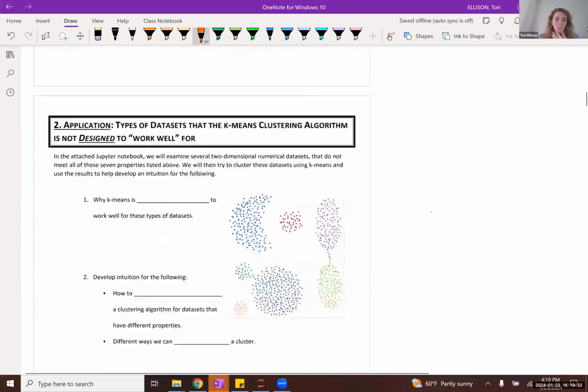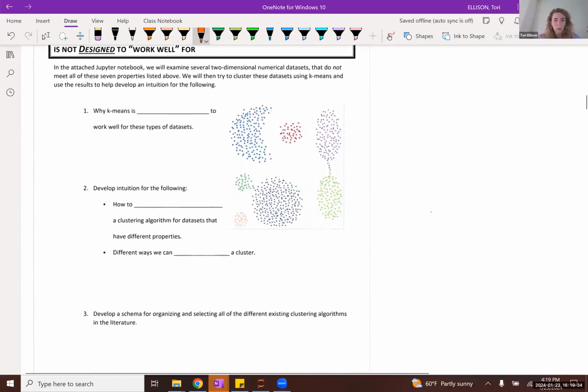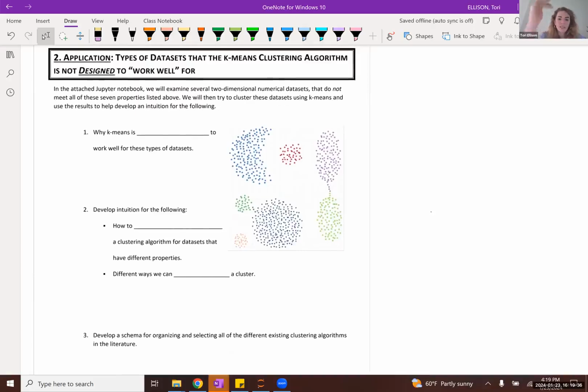So the purpose of this unit, essentially we're going to go through a series of two-dimensional data sets, all of which do not meet all of the ideal specifications for k-means clustering. And we're going to explore what k-means actually does to learn a little bit more about why k-means is specifically designed to work well for certain data sets as opposed to others.